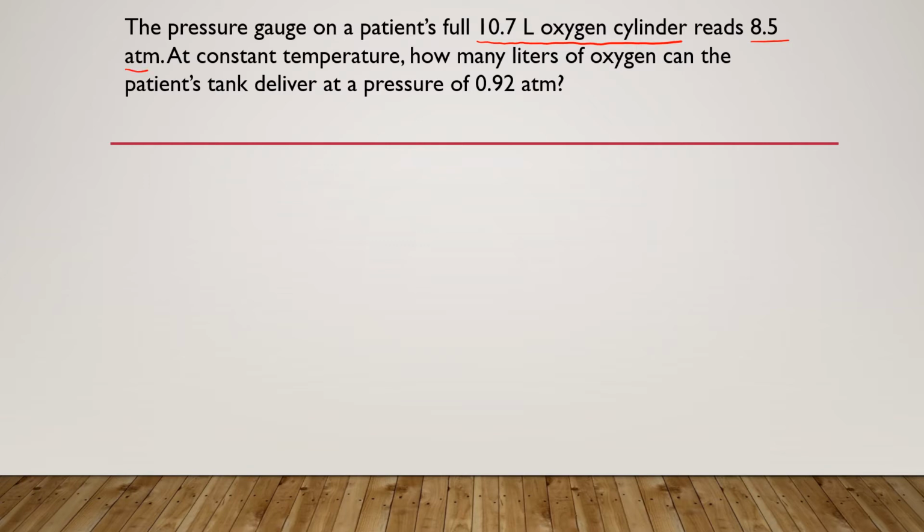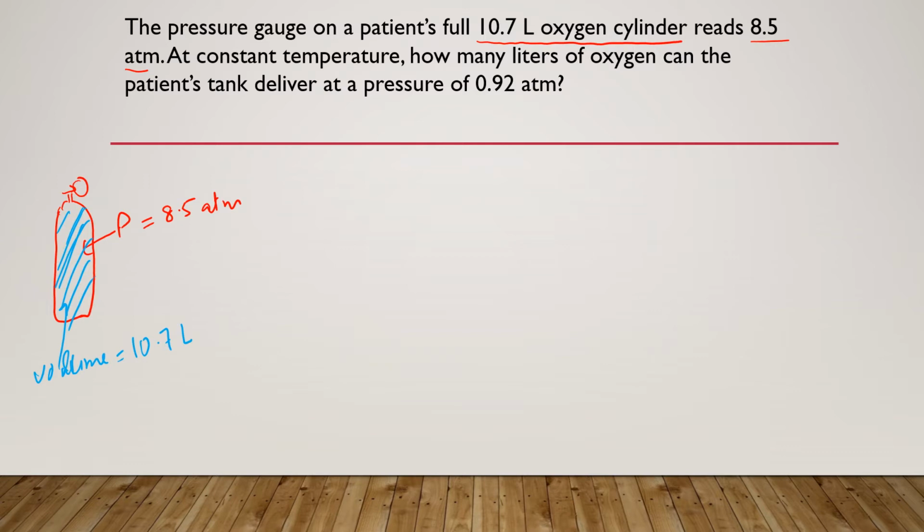Okay, so we have an oxygen tank or a cylinder, and it has a pressure reading gauge, and the pressure inside the cylinder is 8.5 atm, and the volume of this cylinder is 10.7 liters.